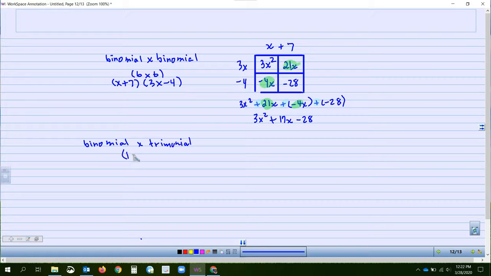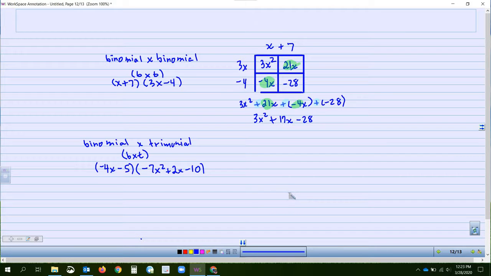I'm going to make my binomial negative 4x minus 5, and my trinomial negative 7x squared plus 2x minus 10.